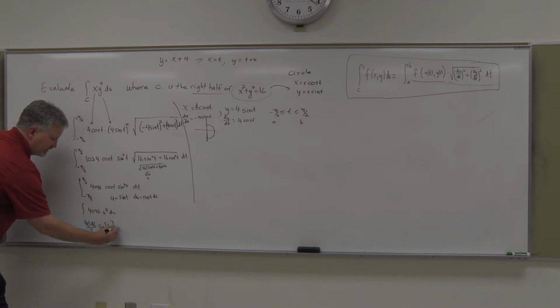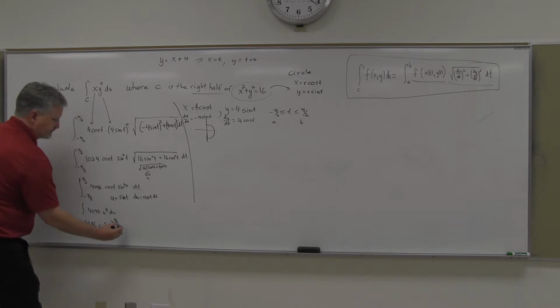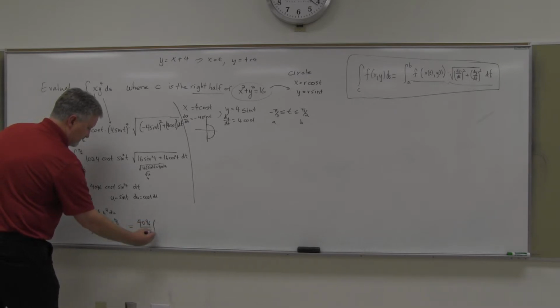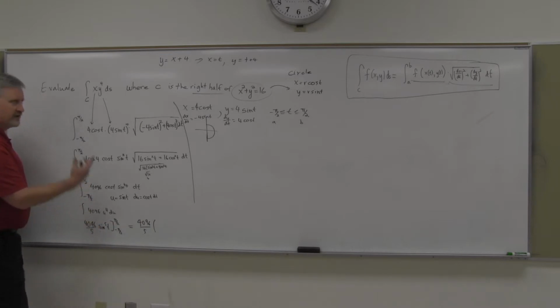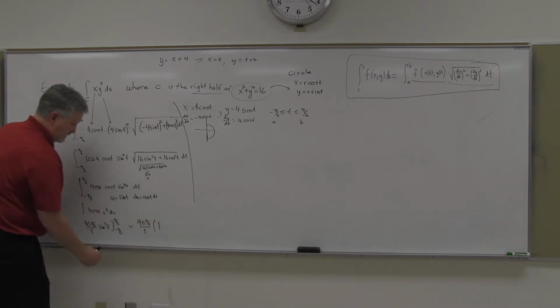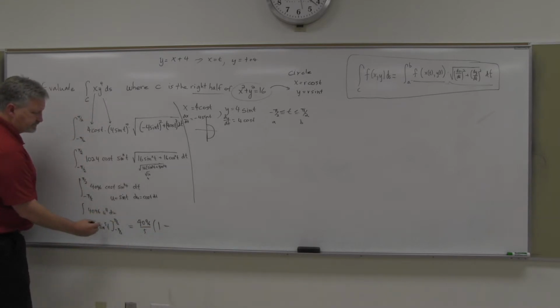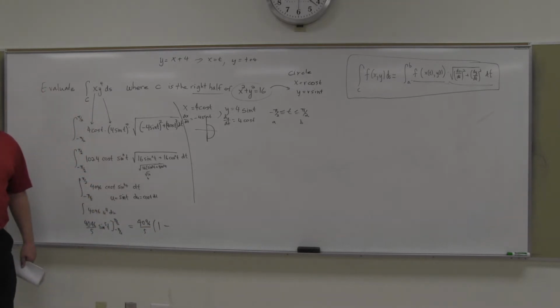I'm going negative pi over 2 to positive pi over 2. That'd be 4,096 over 5. All right, so if I plug in pi over 2, that's 1. So you have 1 to the fifth minus sine of negative pi over 2 is negative 1.